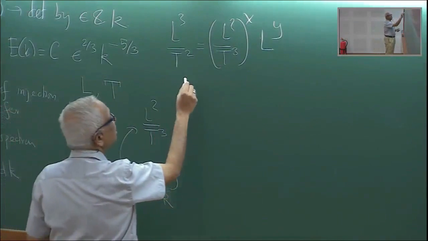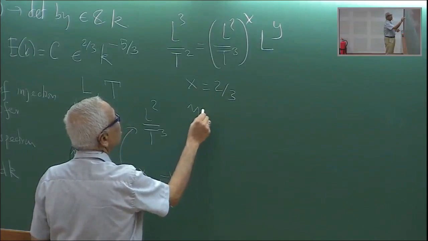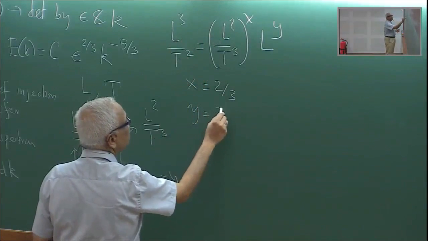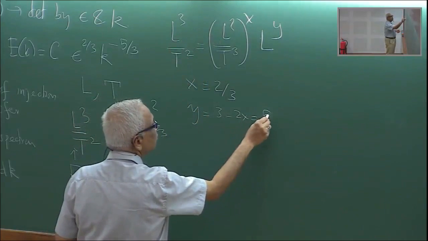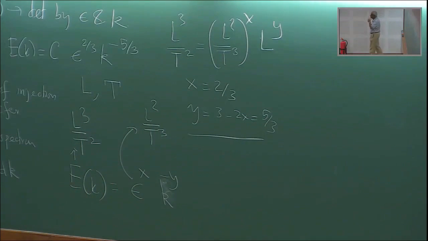So immediately x is equal to 2/3 and y is equal to 3 minus 2x, which is 5/3. So that's how you get it. The Kolmogorov 5/3 law is pure and simple dimensional analysis.